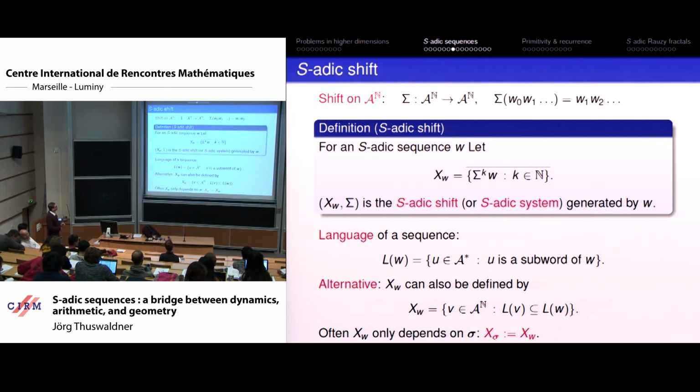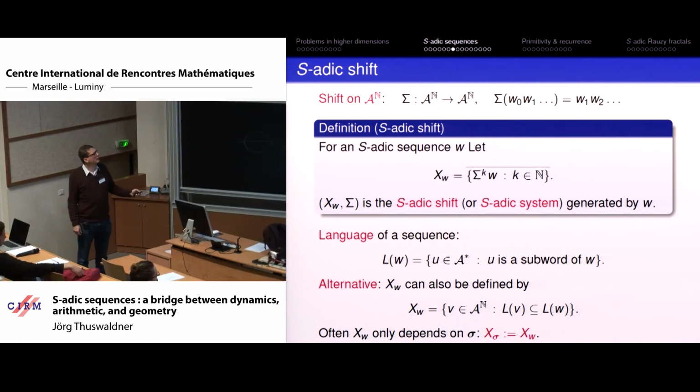So again, as before, we associate dynamical systems to S-adic words. We have a shift, which just chops off the first character. For an S-adic sequence, we define the orbit closure of this sequence, call it X_W. Then X_W equipped with the continuous map sigma is the S-adic shift or S-adic system generated by this word. So it's this dynamical system generated by the orbit closure.